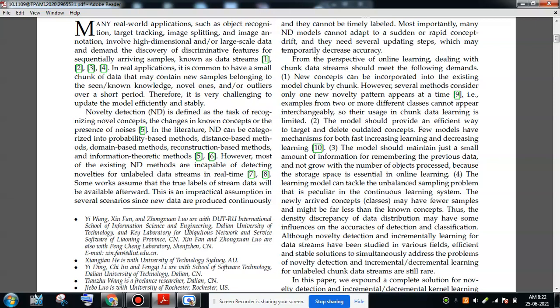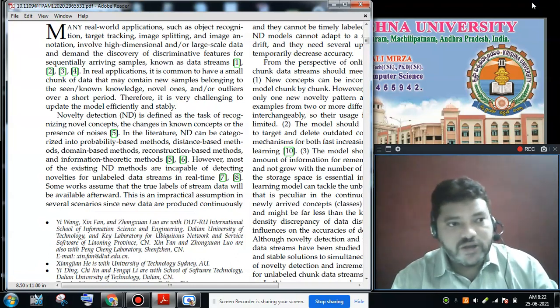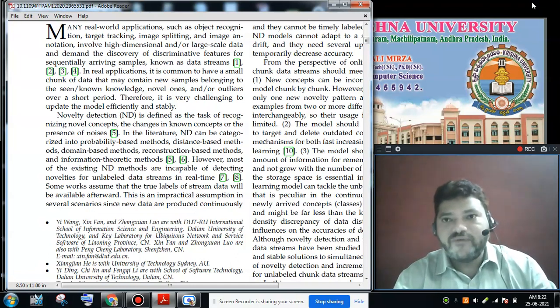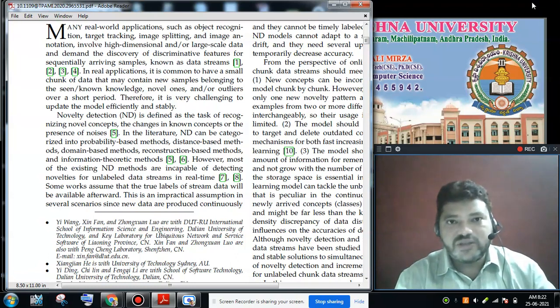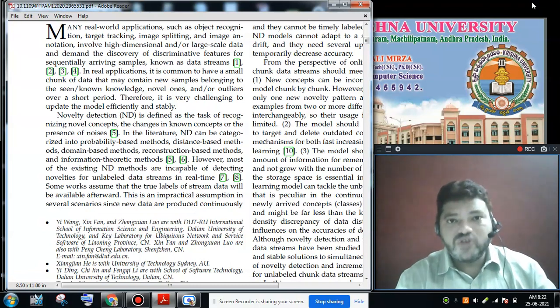Of course, this unbalanced learning problem is one of the greatest and growing research areas where we have real-time applicability. When you are taking a data set in real time, you are not going to get a balanced data set. Of course it will be unbalanced, where we have one class with a larger number of instances in percentage terms, and the other class will definitely have fewer instances.